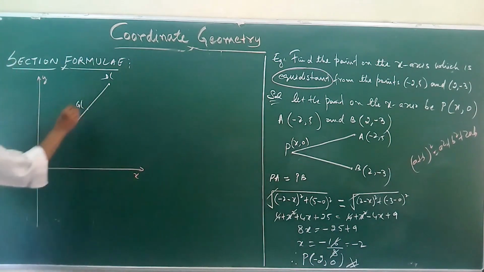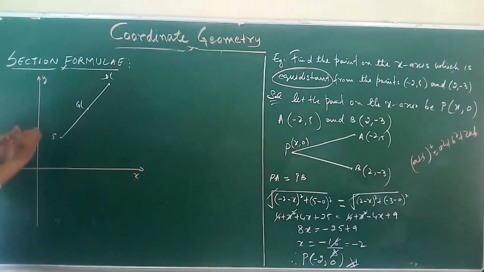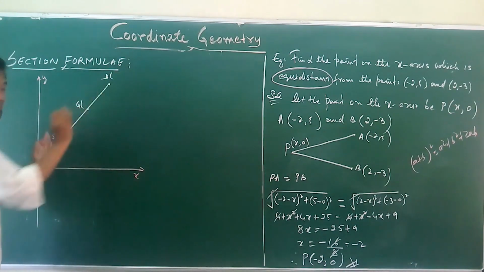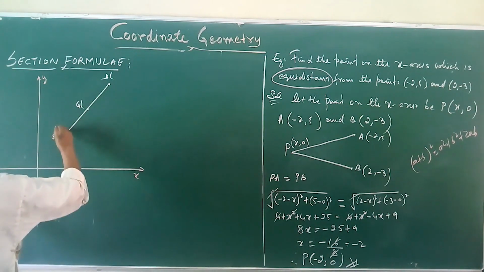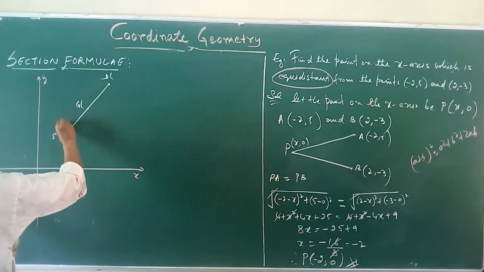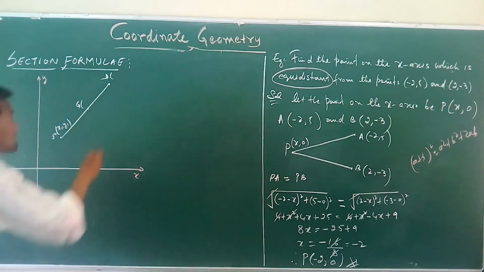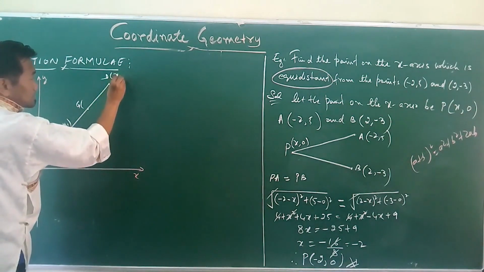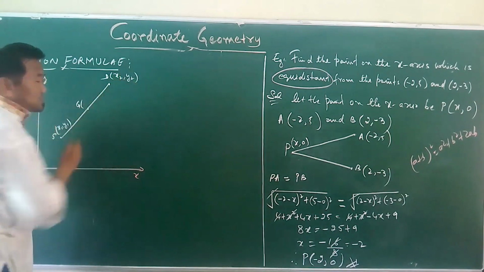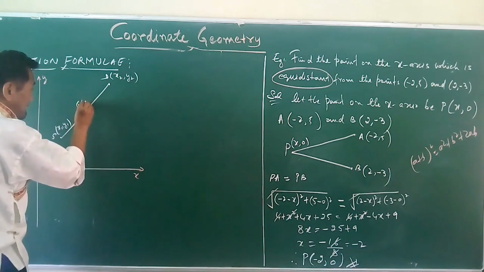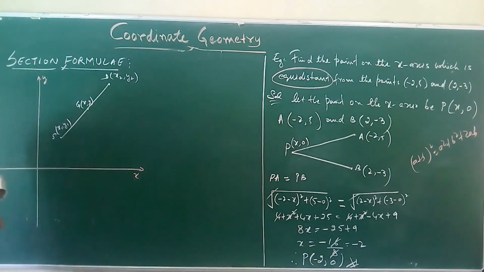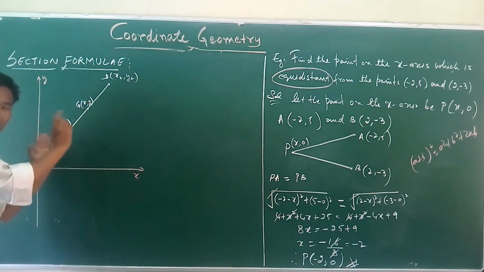Then here we have Dharamsala's coordinates. Let's represent Gopalpur as x1, y1 and Dharamsala as x2, y2. And x and y, just remember this only.